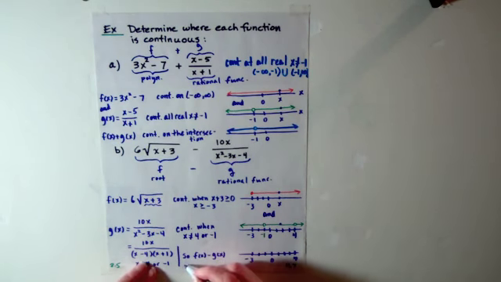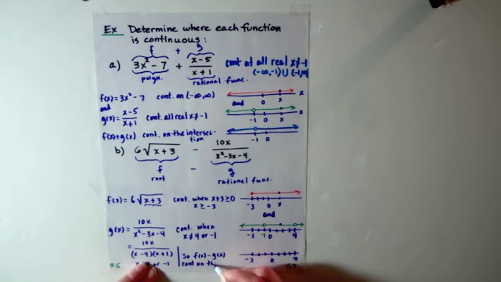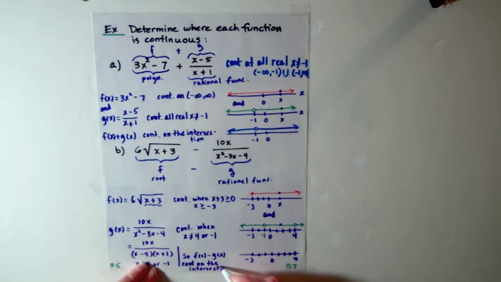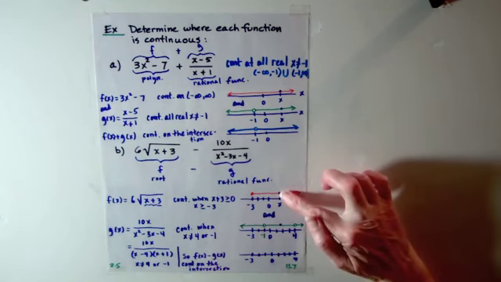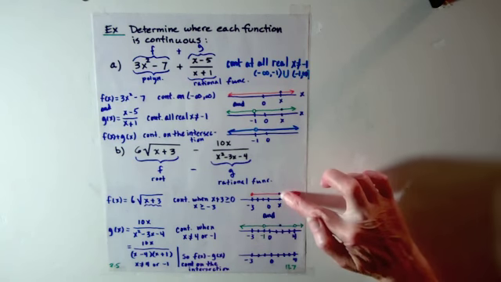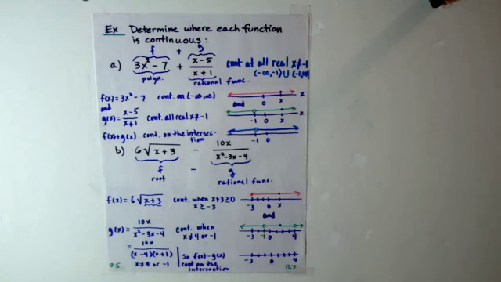That means it will be continuous for any x in the intersection of the red set of points and the green set of points. So we're really looking for the overlap, for points like this purple one that I drew that are in both the red set and the green set at the same time.